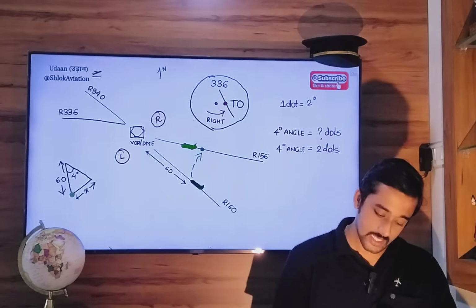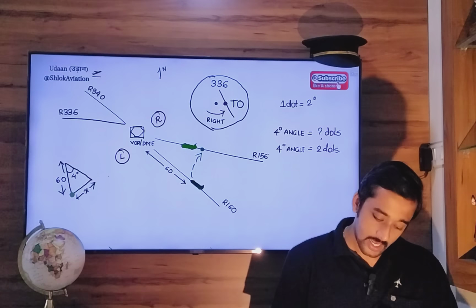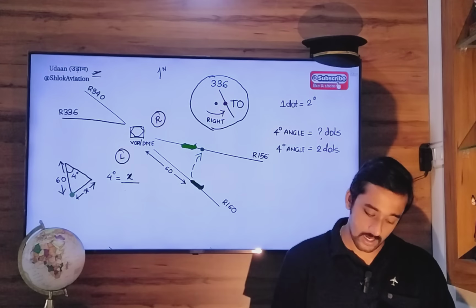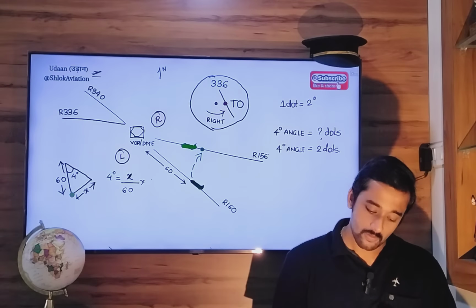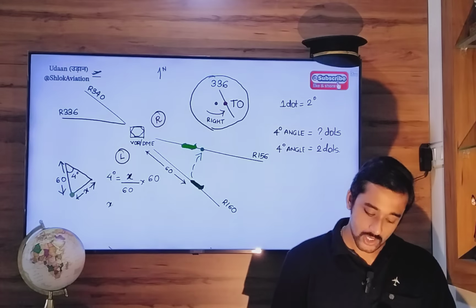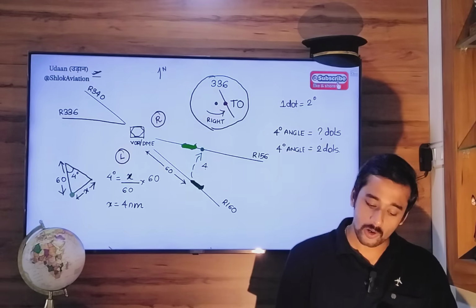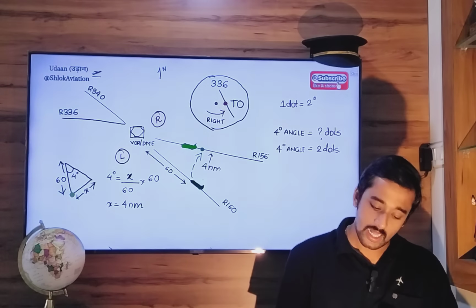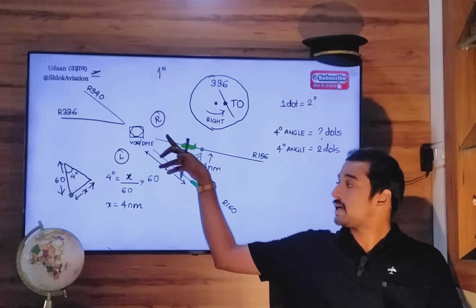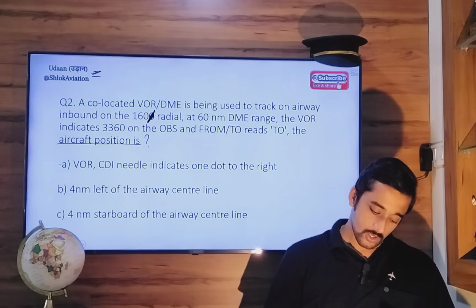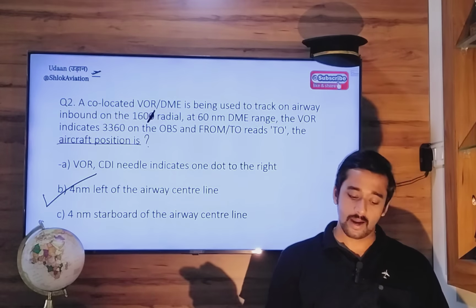So let's use the 1 in 60 rule. Track error angle equals distance off track divided by distance traveled, into 60. So x is equal to 4 nautical miles. So that means you are 4 nautical miles to the left hand side of your intended track. So you are Bravo, 4 nautical miles left hand side.